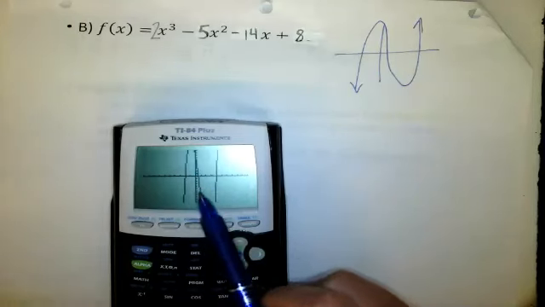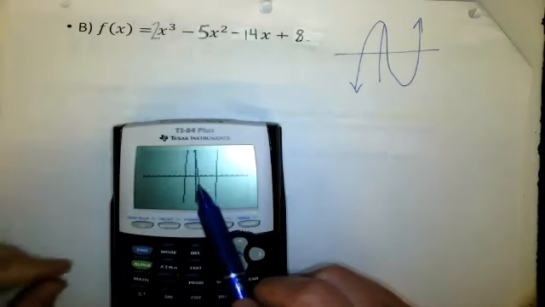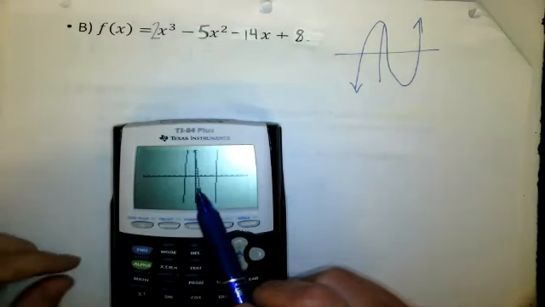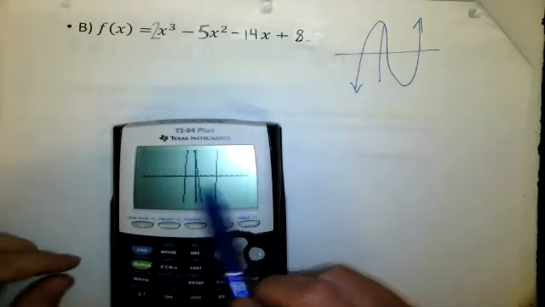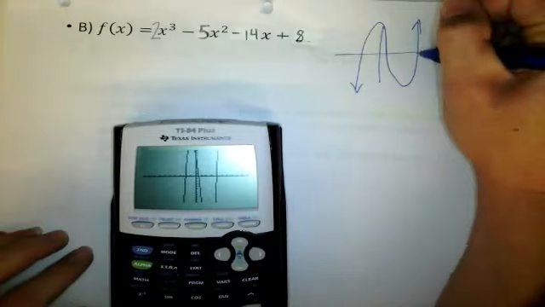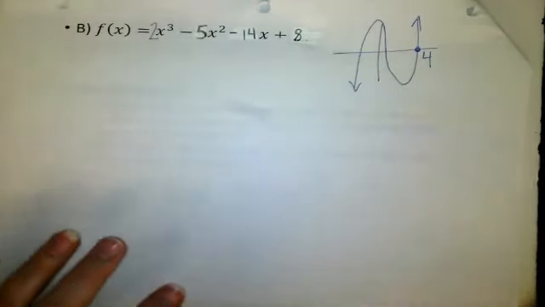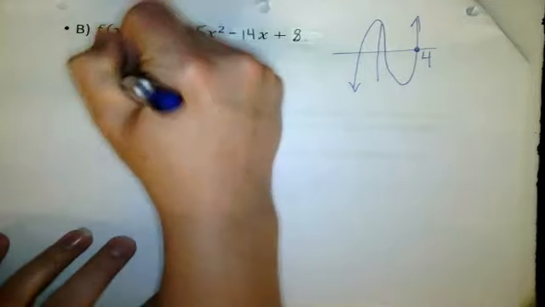So I want to use something that crosses on a tick mark. What could we use? 4 would work, or -2, either one. Let's try the 4.